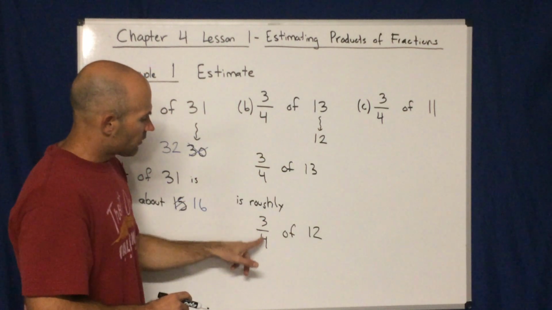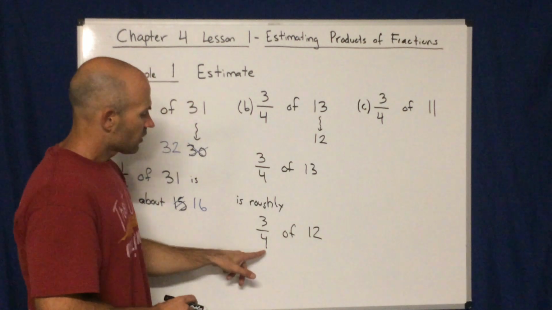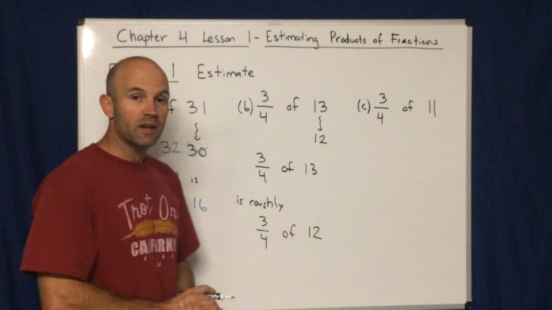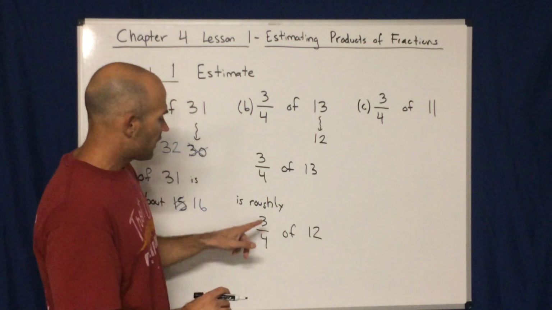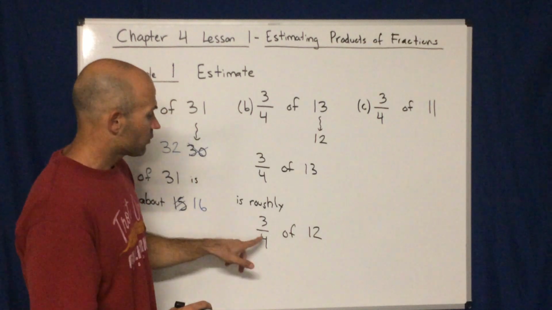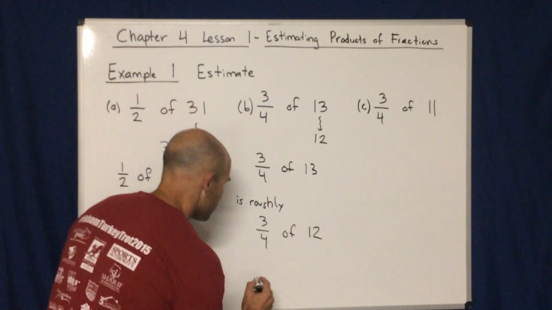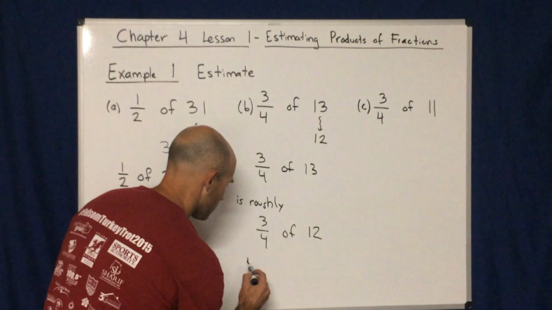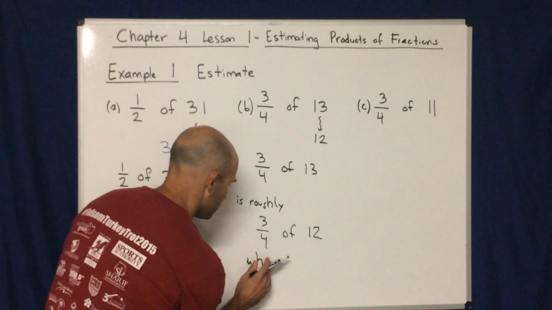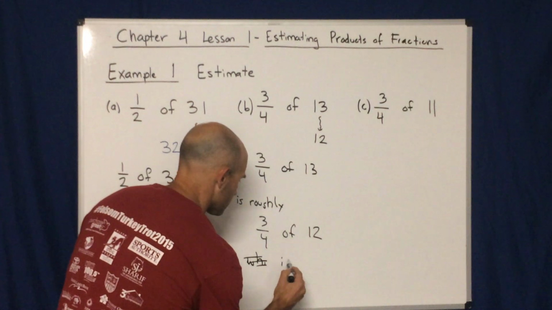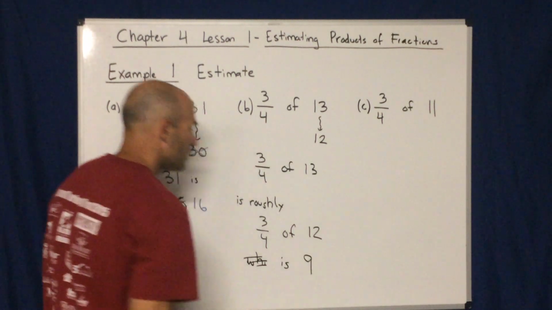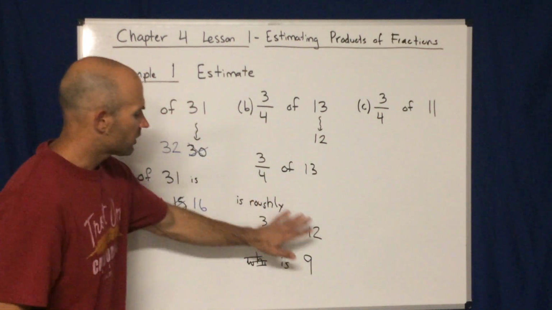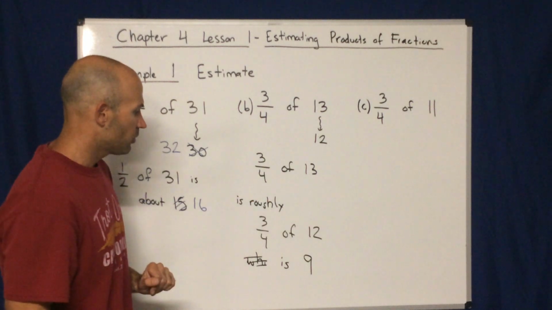All right, so now I'm thinking of 3/4 of 12. 4 goes into 12 3 times, and 3 times 3 is 9. So 3/4 of 12 is exactly 9. Perhaps a picture might help explain things a little bit.